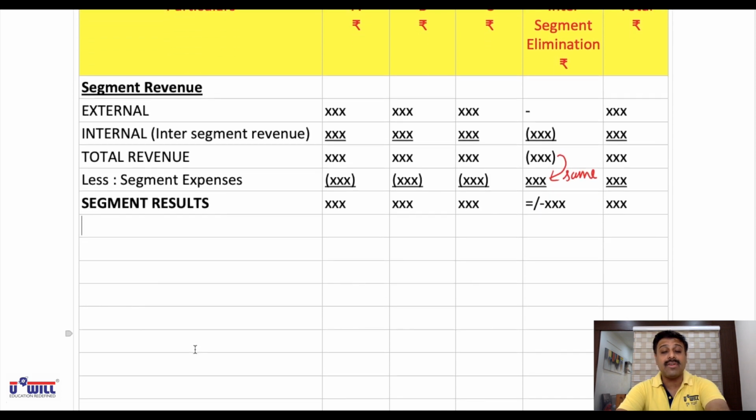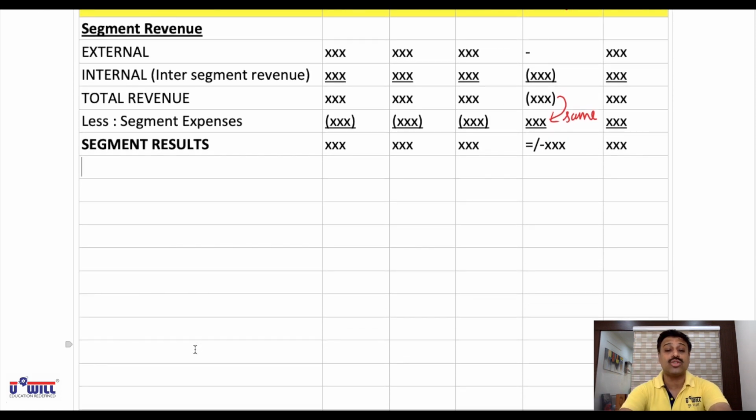Then after segment results, everything will come only in the last column of total. In that, we have to add any head office income. Then we have to subtract any head office expenses.